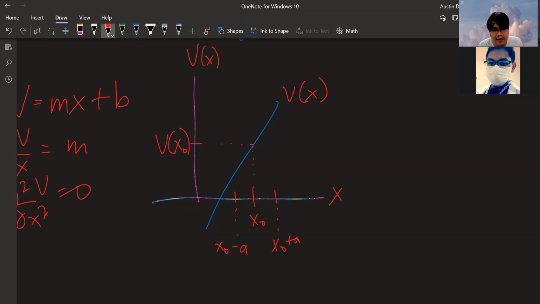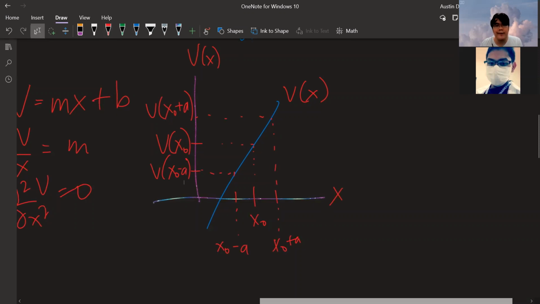And correspondingly, you have a value at this point, which is V of x naught plus a. And correspondingly again, at this point, you get V of x naught minus a. Tama? Fairly simple naman.